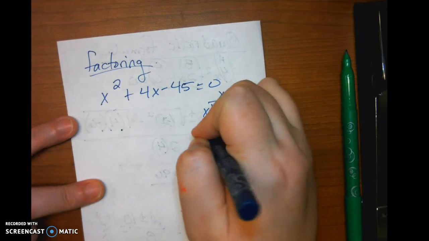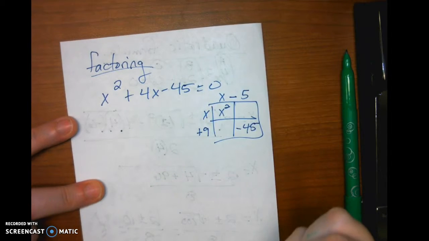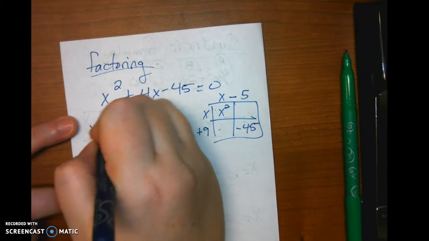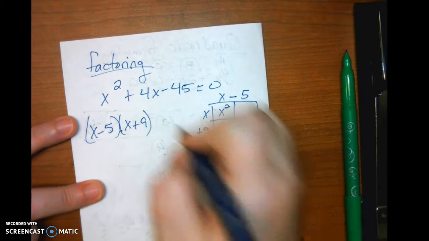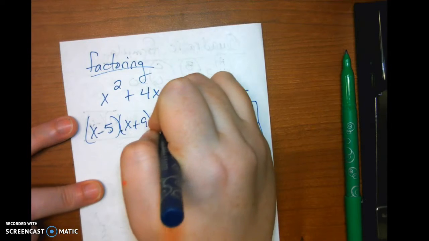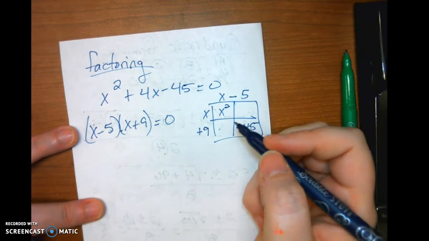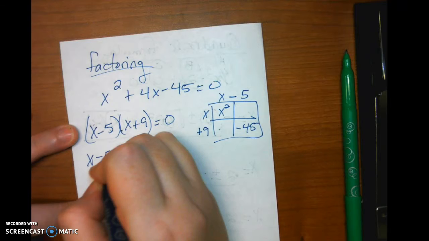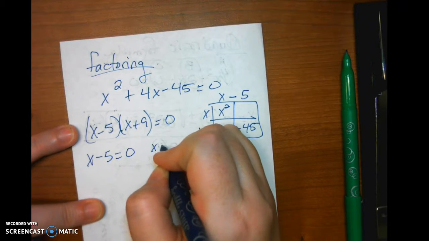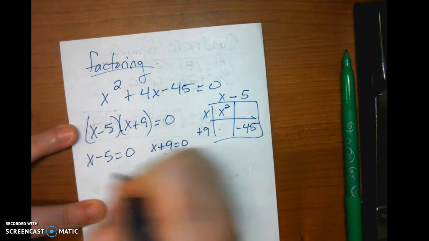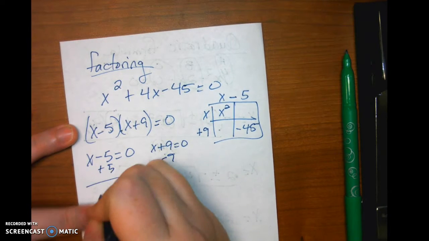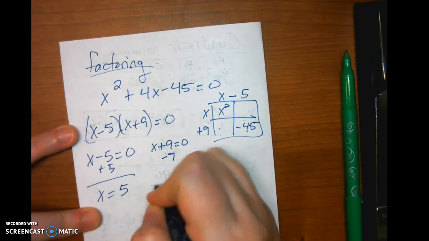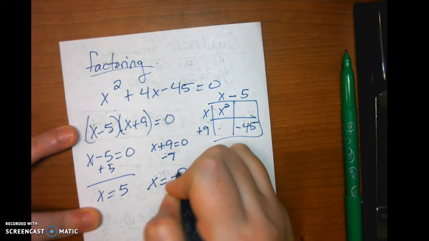So I know that this has to be positive 9 and negative 5. Okay, so I've got x minus 5, x plus 9 equals 0. So then I set them x minus 5 equals 0, x plus 9 equals 0, plus 5, minus 9, x equals 5, x equals negative 9.